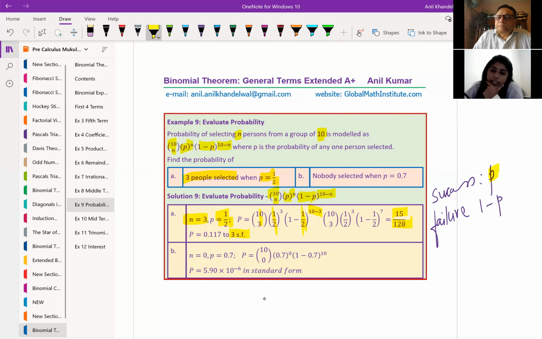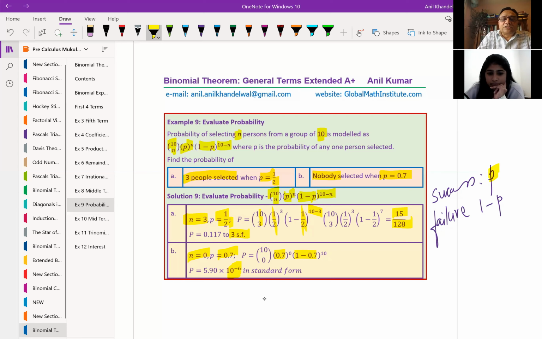The second example is nobody selected, meaning n is 0 now. And p is given to us as 0.7. Substitute 0.7 here and again calculate the answer. This is a very small number. The probability is high and you're not selecting anyone, so expect a very low probability, 10 to the power of minus 6 we are getting.